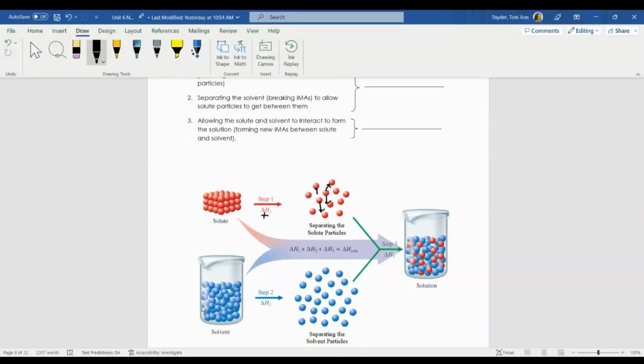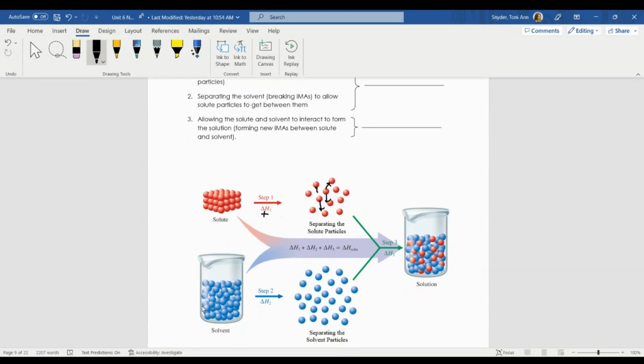On the other hand, we also have our solvent, and those solvent particles also have to separate from one another because they have to allow the solutes to get in between them. So a lot of times they have to break hydrogen bonds. If this is water, we know that we're going to have to break some hydrogen bonds because these are separating from one another again.